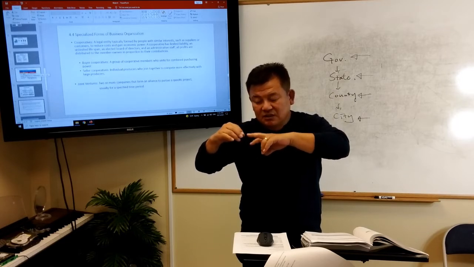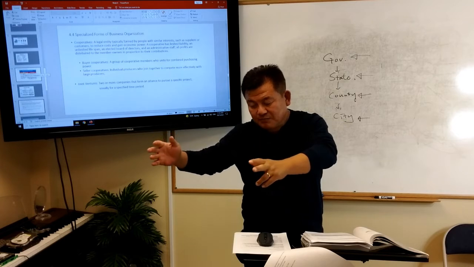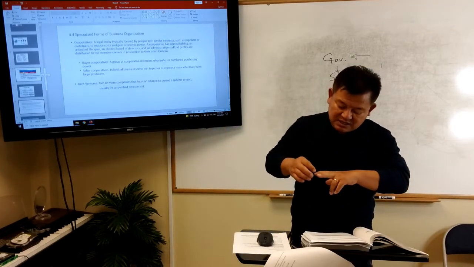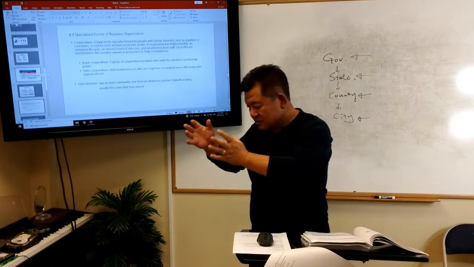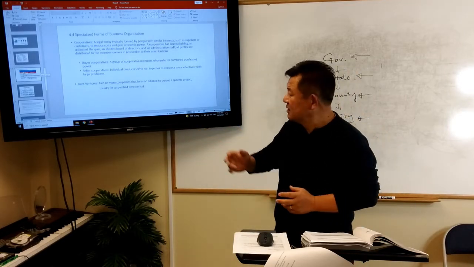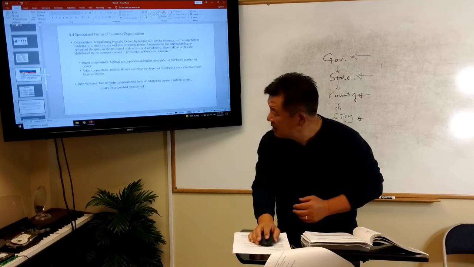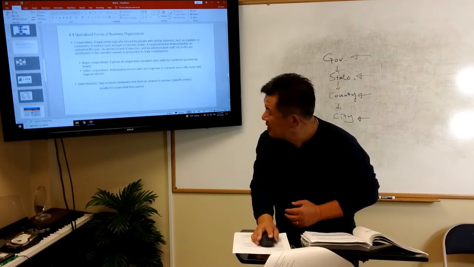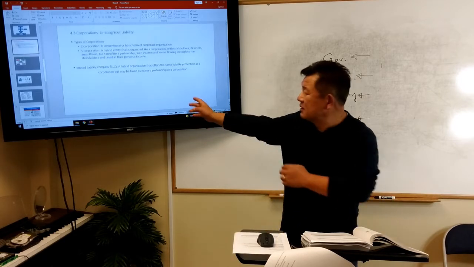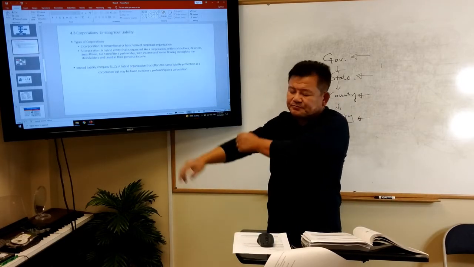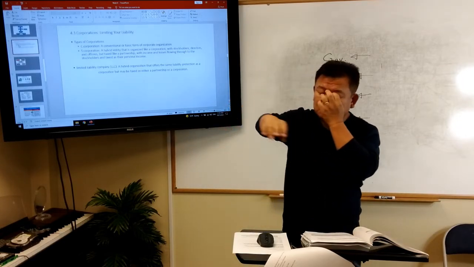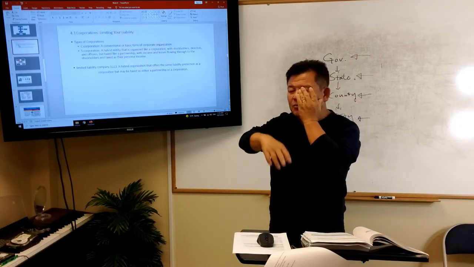So if you have some big building, it's very difficult to control and operate. So in this case, you open the limited liability company, LLC. You make an LLC company, and then the LLC company controls the building operation.